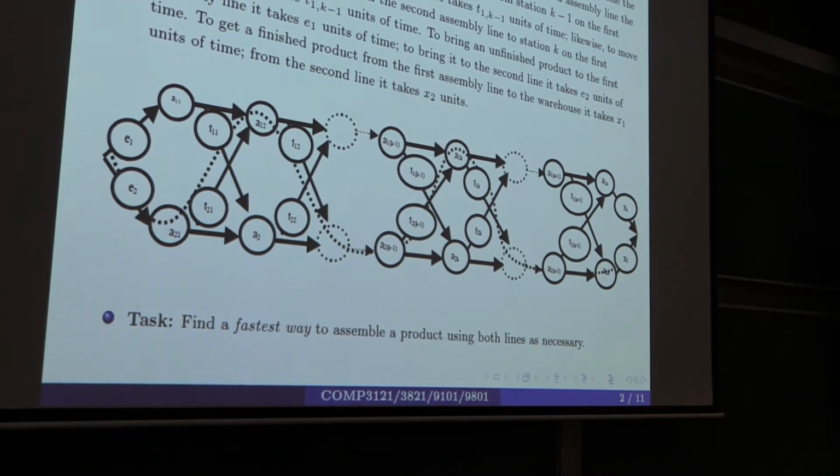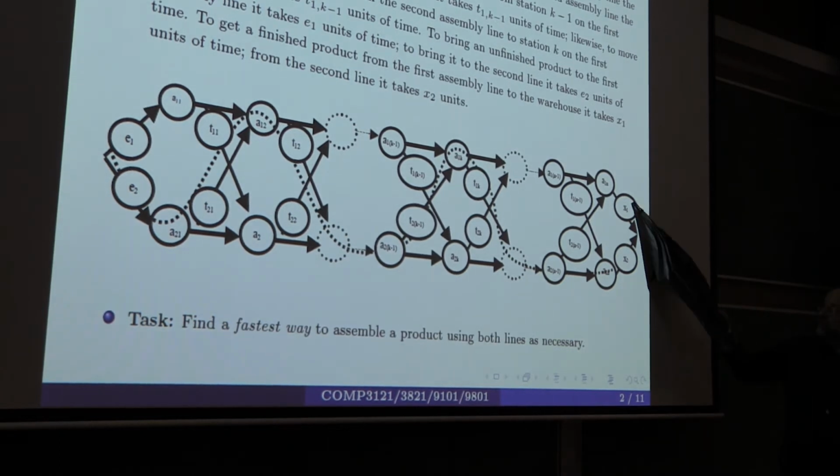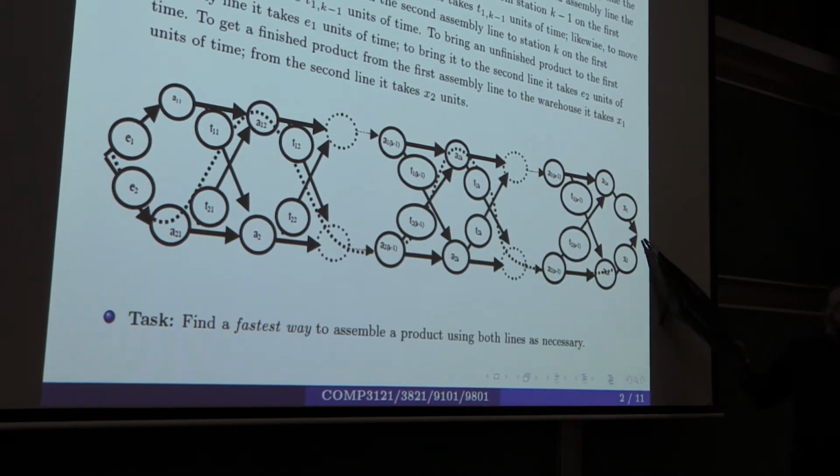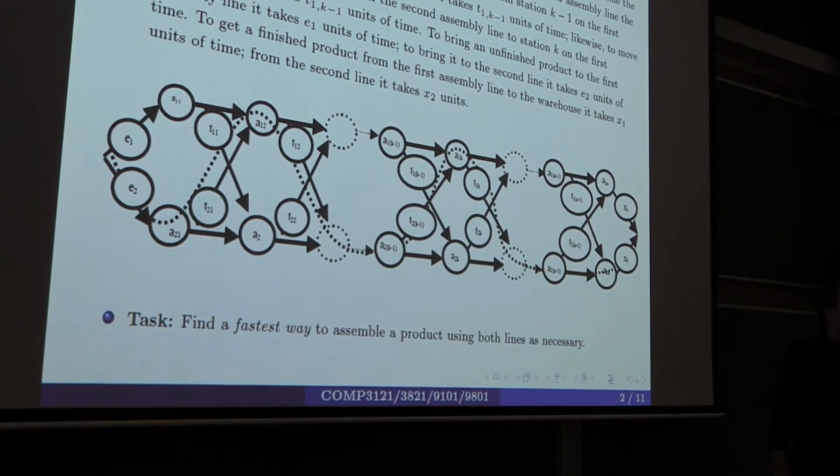So instead of solving simply the problem, what is the shortest way to get through the production line, we solve two and many problems.